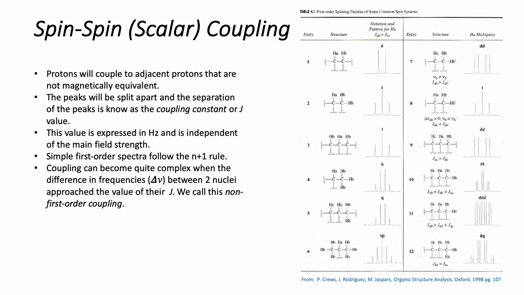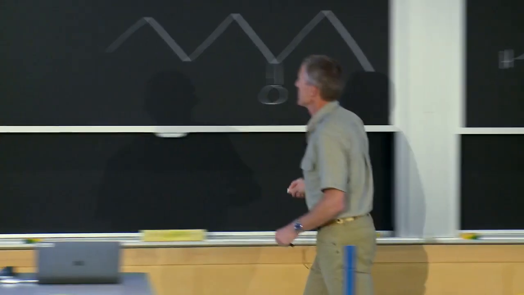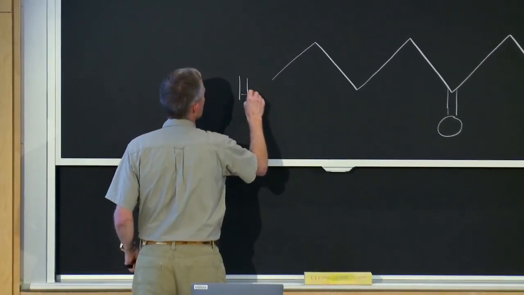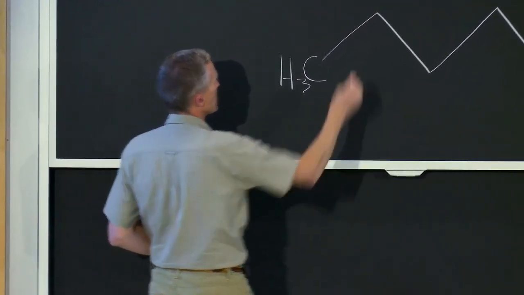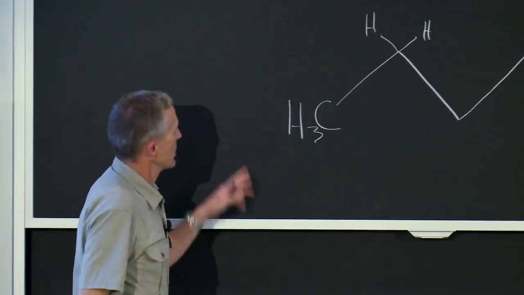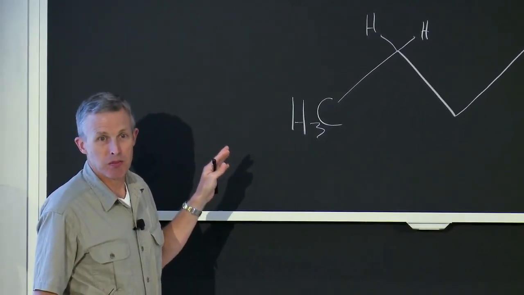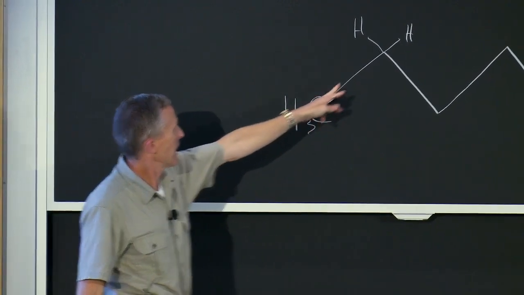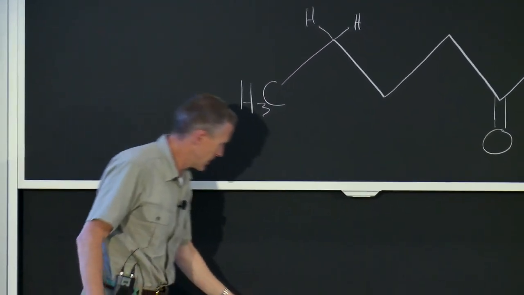So for simple spectra, the splitting follows what's called the N+1 rule. You look at the number of protons on neighboring carbons and you add that up. So I guess I should have drawn another molecule. Where'd my chalk go? So for instance, we'll take this one here. CH3, I've got 2 protons over here, so it's going to give me a simple spectrum. It's going to be split by 2 plus 1 equals 3.